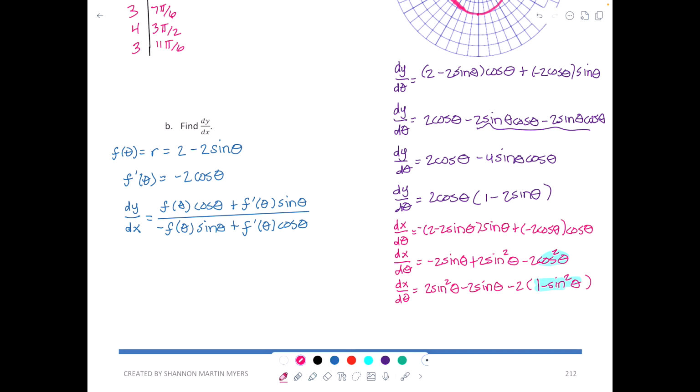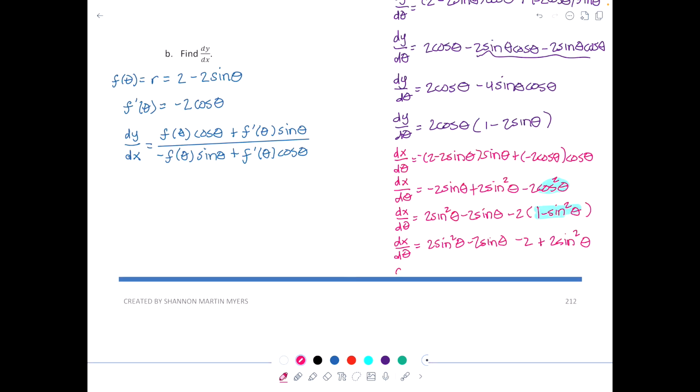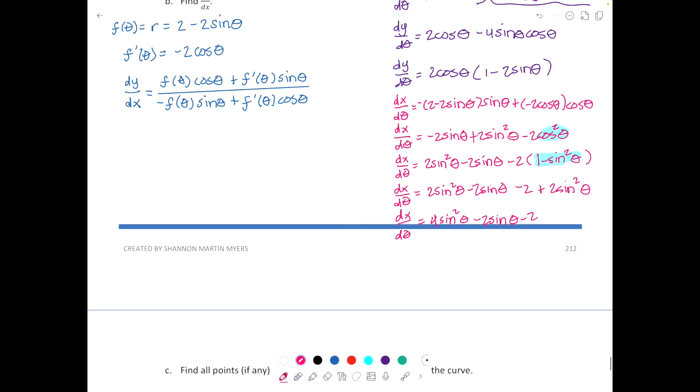All right, so now we'll have dx d theta equals 2 sine squared theta minus 2 sine theta minus 2 plus 2 sine squared theta. For sine squared theta, minus 2 sine theta minus 2. So I can factor out a 2 and then factor the remaining terms.